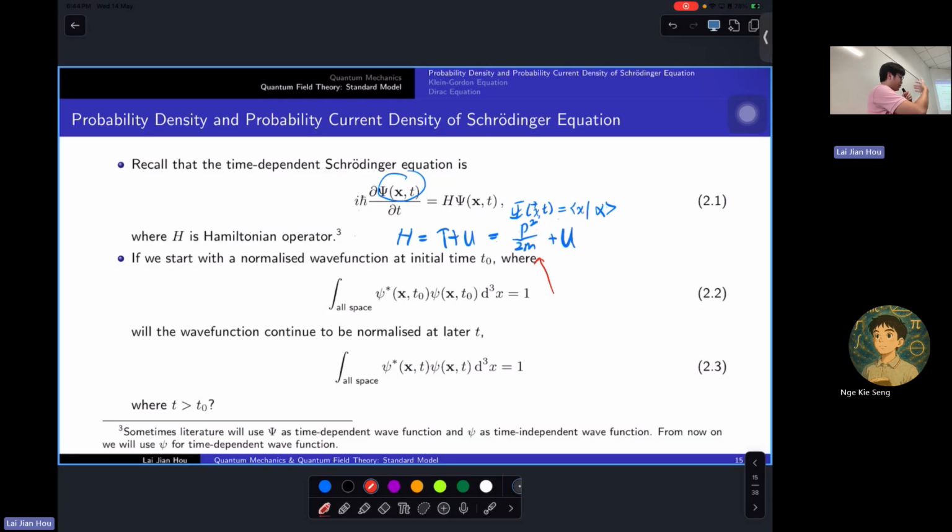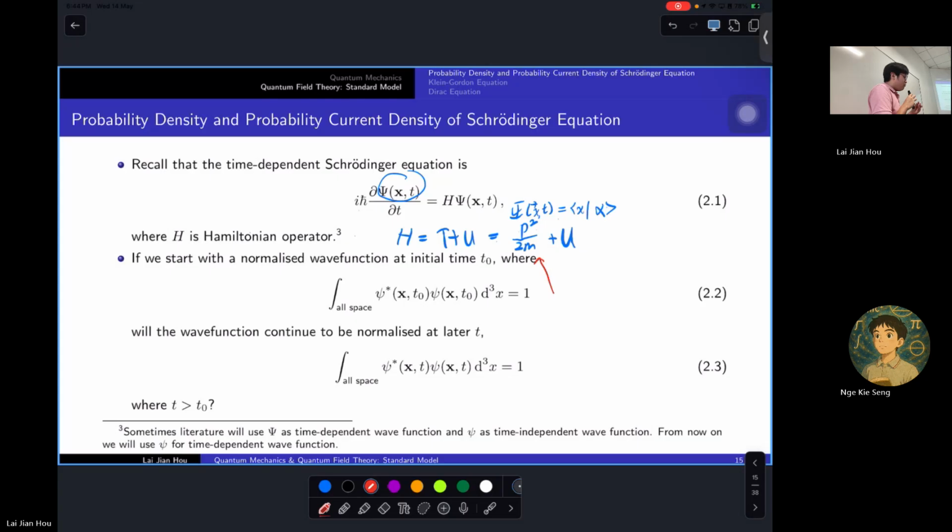So let's say we have a normalized wave function at some time. We prepare a state, and the wave function is already normalized. We want to ask whether this wave function, which encodes the information about the particles, will still be normalized at a later time.